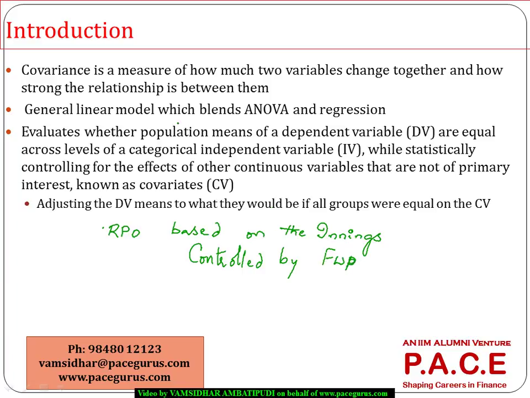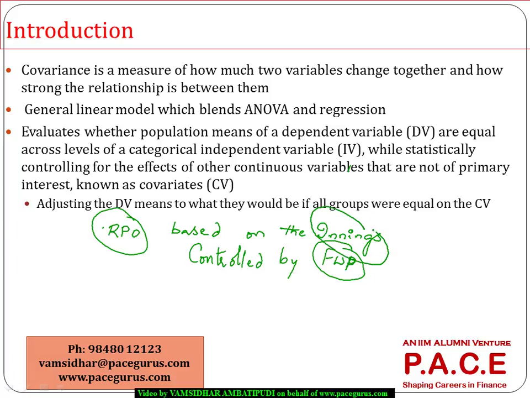Now what I am saying is, please observe the runs per over. Is there a uniformity or is there a significant difference in the runs per over across the various innings, but control it by the first wicket partnership, which means assume that in both the innings the first wicket partnership is more or less equal, then do the comparison.